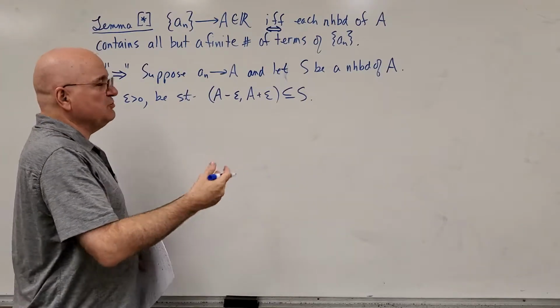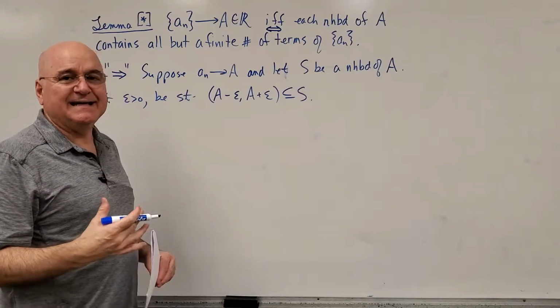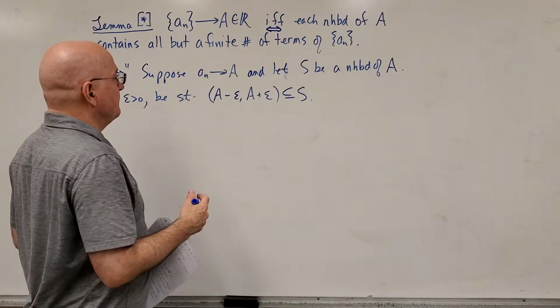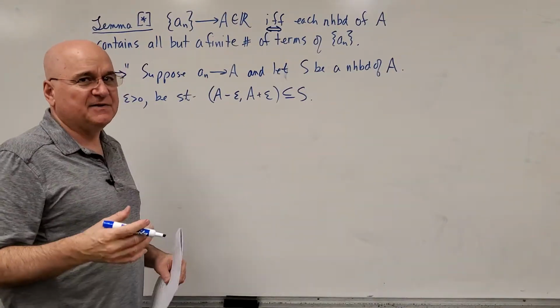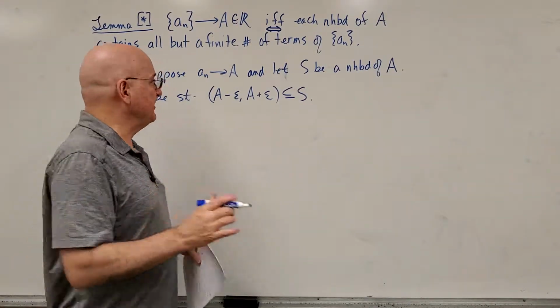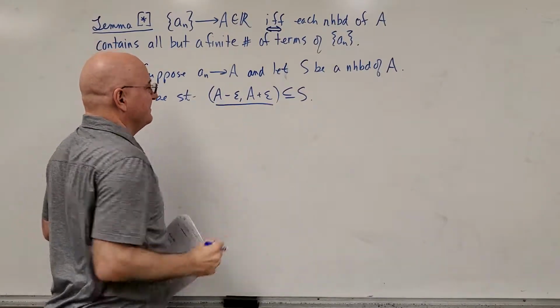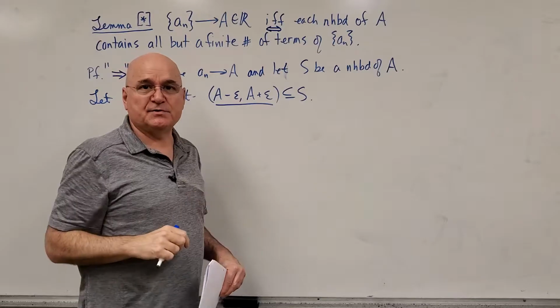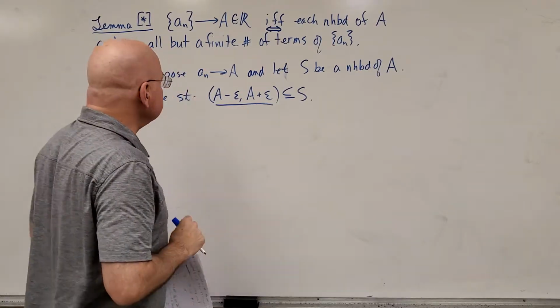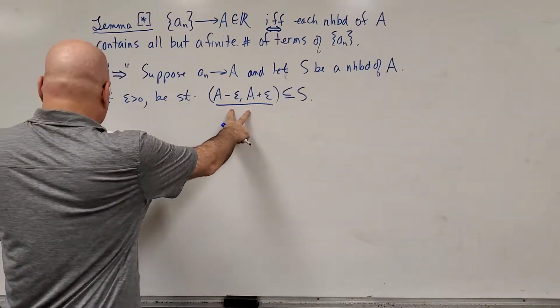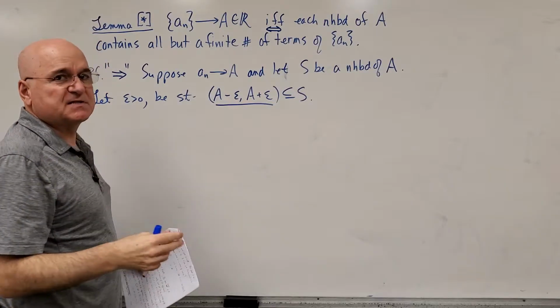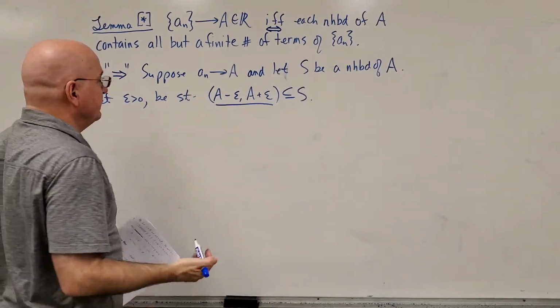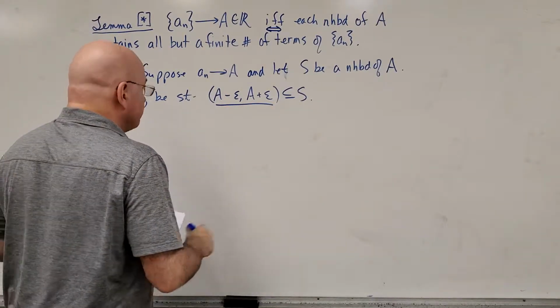Frequently, in the future, when I need a neighborhood of a, I may just start off with an epsilon neighborhood. These are just nicer to work with. They're symmetric, a is in the middle of that interval, and so on. Okay, so now we have what we sometimes call an epsilon neighborhood of a.